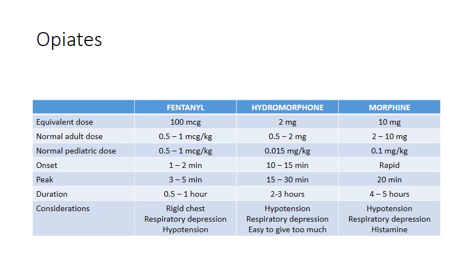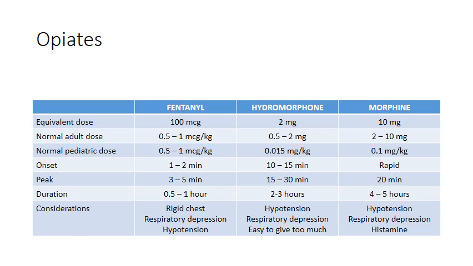Some of the considerations for all three of them is respiratory depression. For all three of them too, you have to consider hypotension, especially when you look at the Dilaudid and the morphine. The fentanyl doesn't cause hypotension as much as the others.